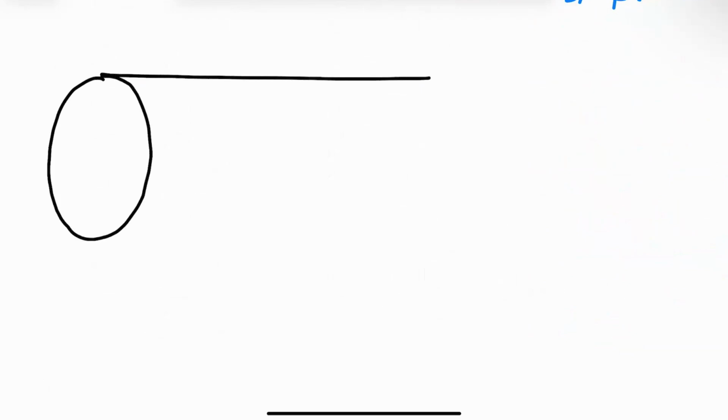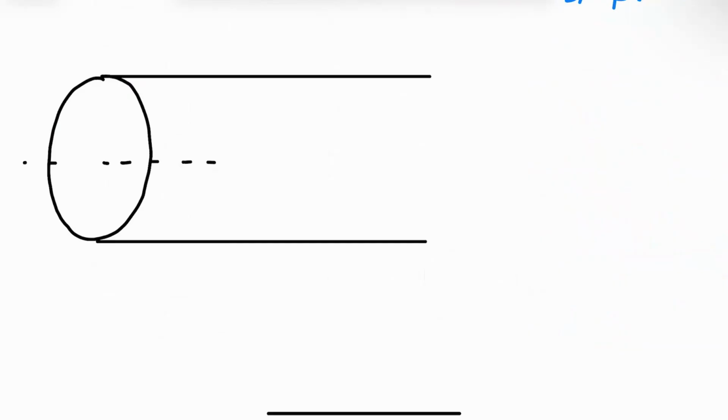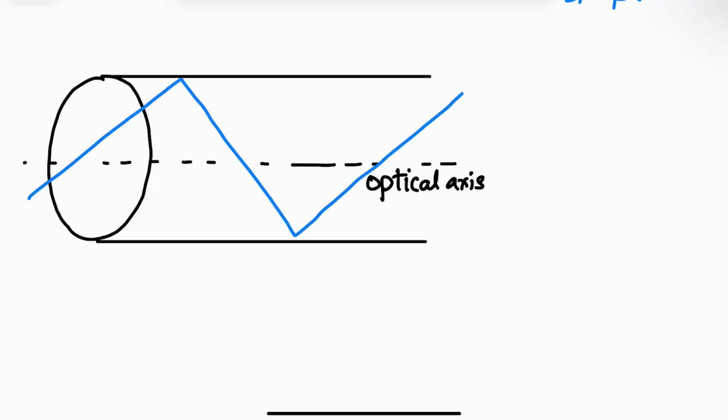If you look at the ray picture, if I have my optical axis of the fiber optic cable, this is the optical axis, which is the axis of the fiber cable. These are rays that propagate crossing the optical axis in every bounce. So the cross section looks something like this.